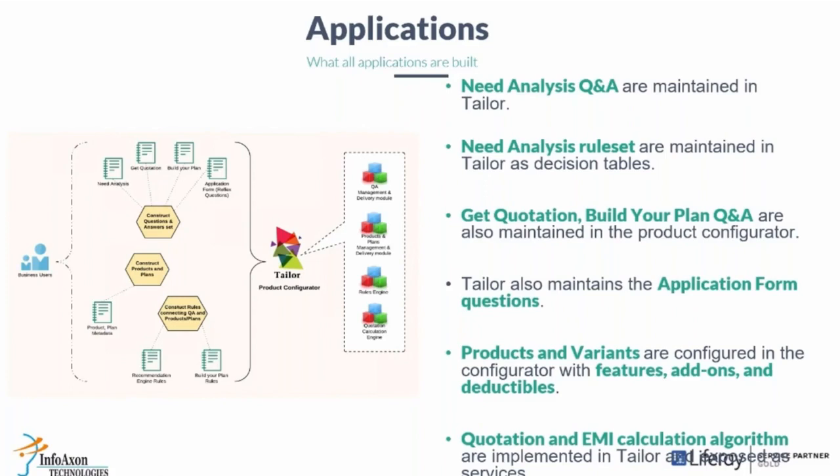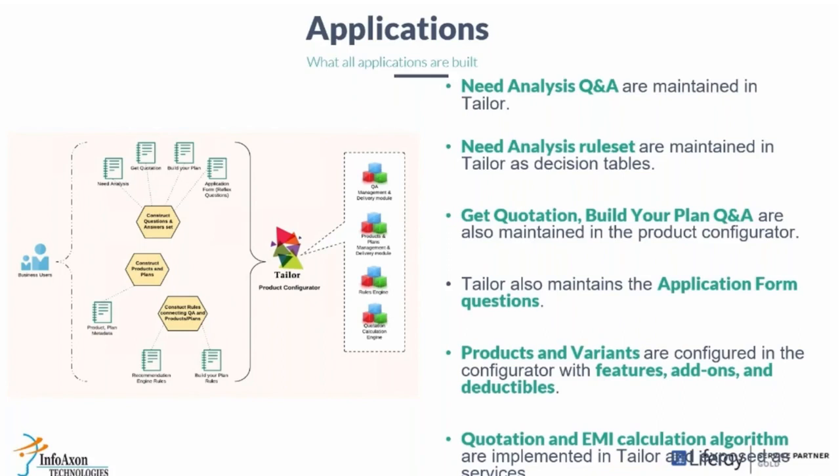You can manage your insurance products, plans, features, and the rule set associated with each of these products, or buying and selling journey questionnaires, the form, proposal form fields, etc., using the Tailor backend and the control panel.